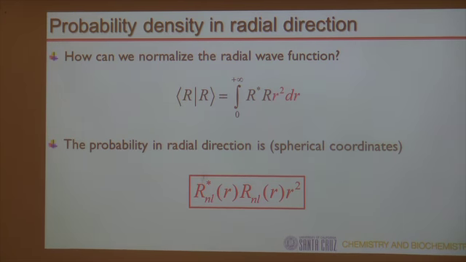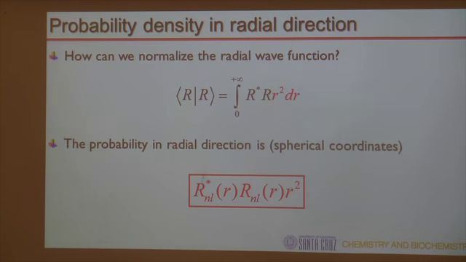And also based on this figure, you can actually predict what this probability looks like. So we know the magnitude squared of the wave function exponentially decays, right? And r squared is a parabola.